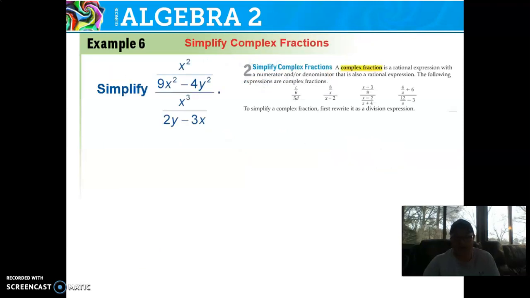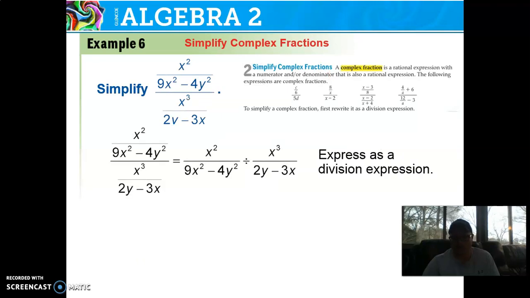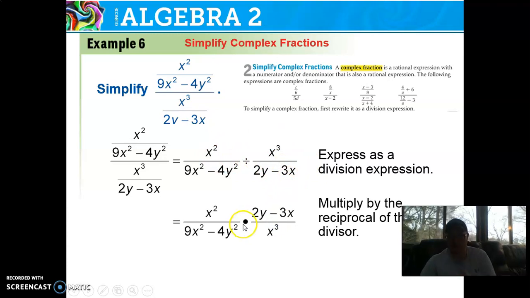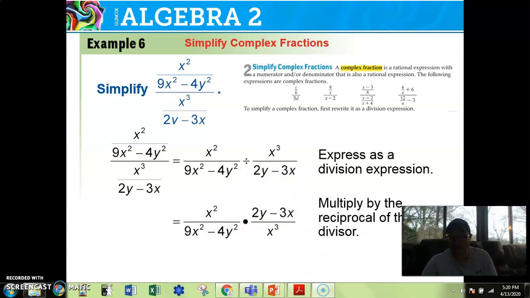Complex fractions is just another way of writing division. It's a fraction divided by a fraction, so we write it as a fraction divided by a fraction. Which means we need to rewrite it as multiplication. Multiply by the reciprocal.